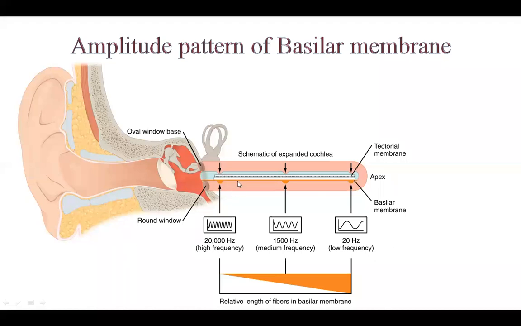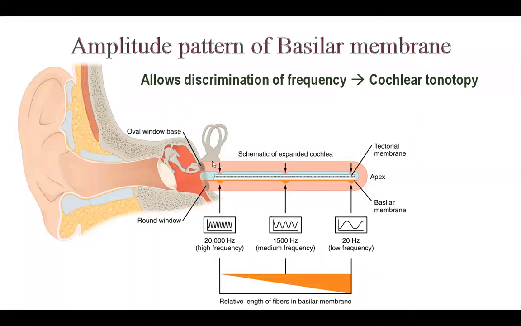This can be similarly compared to that of the sitar or veena, which is usually played. If you want to play high frequency, we usually block the string at the lower side so that the high frequency is produced, and if you want to create sound of lower frequencies, we usually block the string at the higher end.